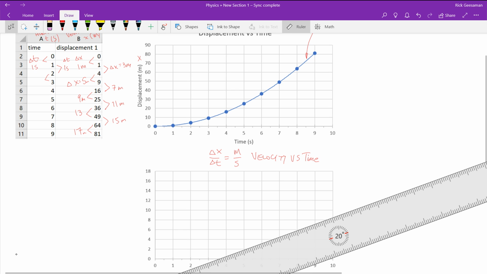And each of the intervals go at this. We're going to say now, instead of time equals 0, 1, 2, we're going to say t in seconds. And over here in this column, we're going to do delta x over delta t. These are now our two columns.